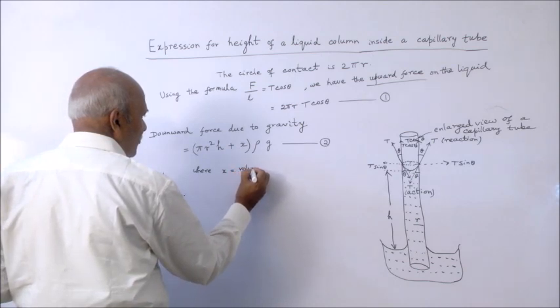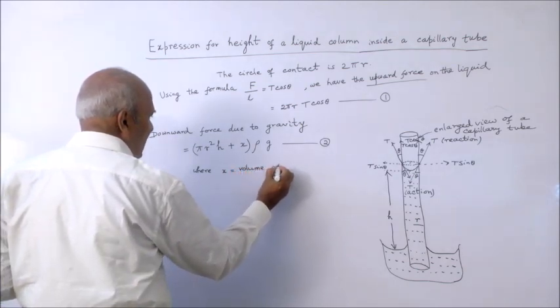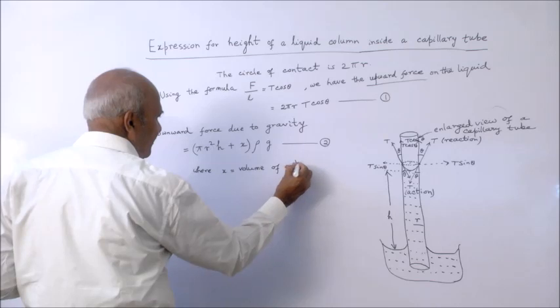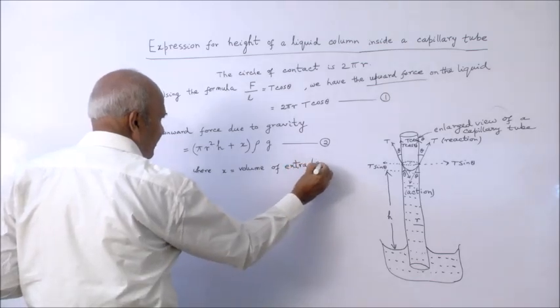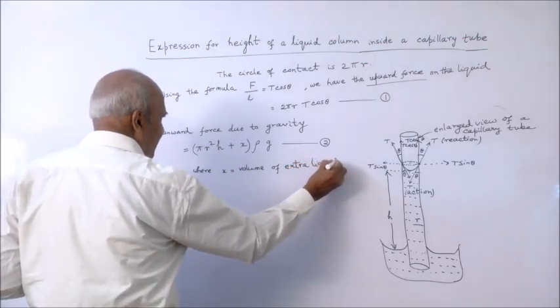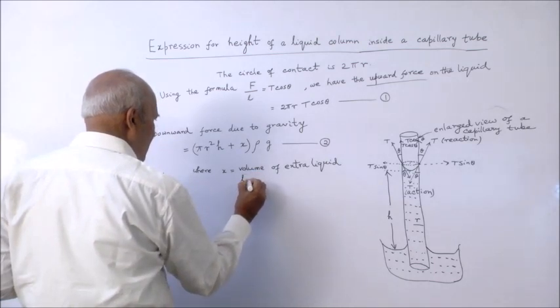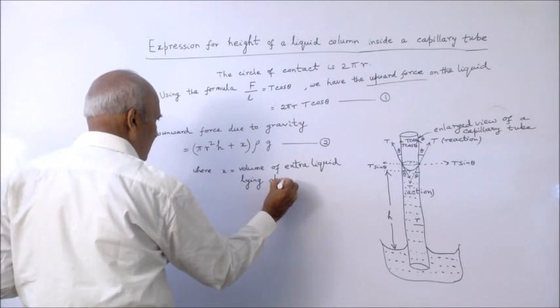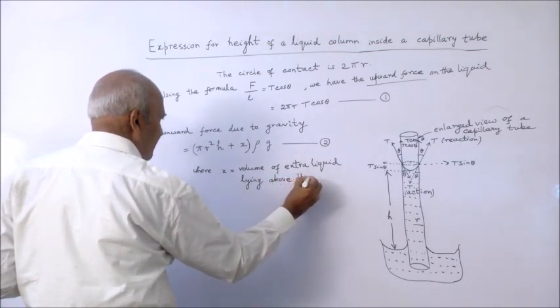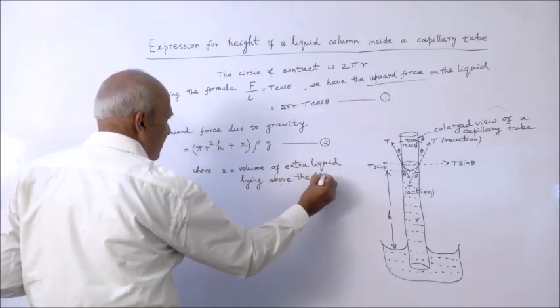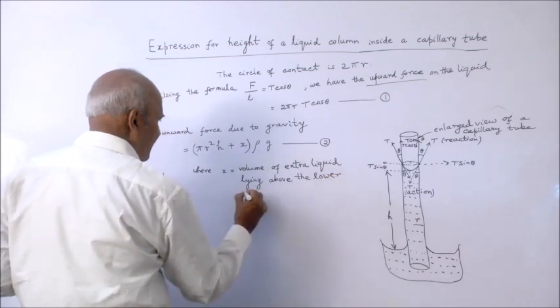volume of extra liquid lying above the lower meniscus.